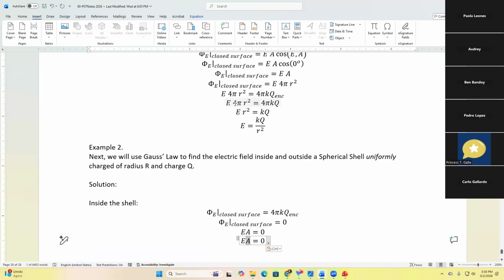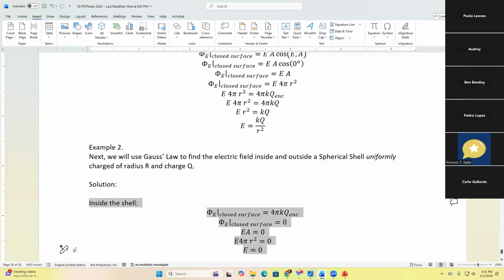We do know that A is 4 pi r squared, right? Since this number here is a non-zero number, this number here must be equal to zero, right? And now we can solve this problem, and we find out that inside the shell, the electric field is going to be zero.